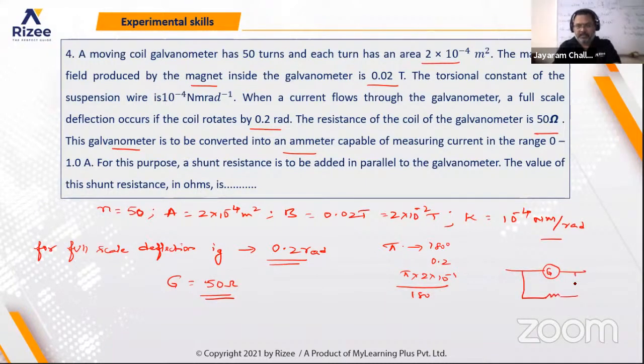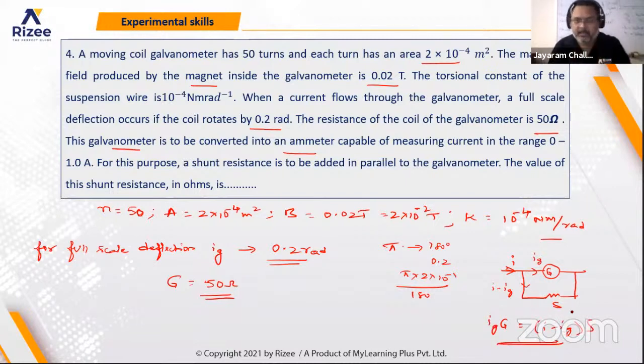The shunt is nothing but a small resistance which is connected in parallel to the galvanometer. In this branch, total current I will be flowing; in this one, Ig; in this case, I minus Ig. Since both of them are parallel, you can write it as Ig into G is equal to I minus Ig into S. So I'm just reminding everything now.